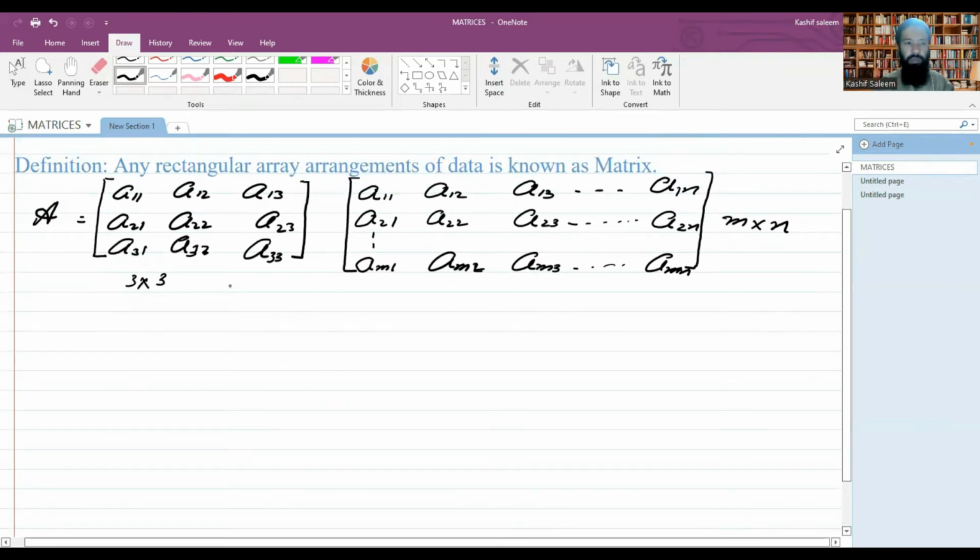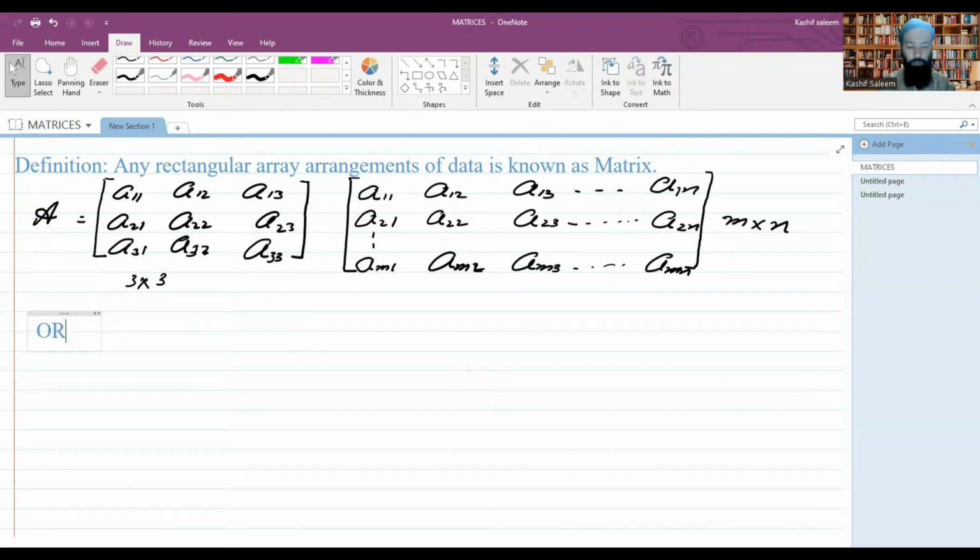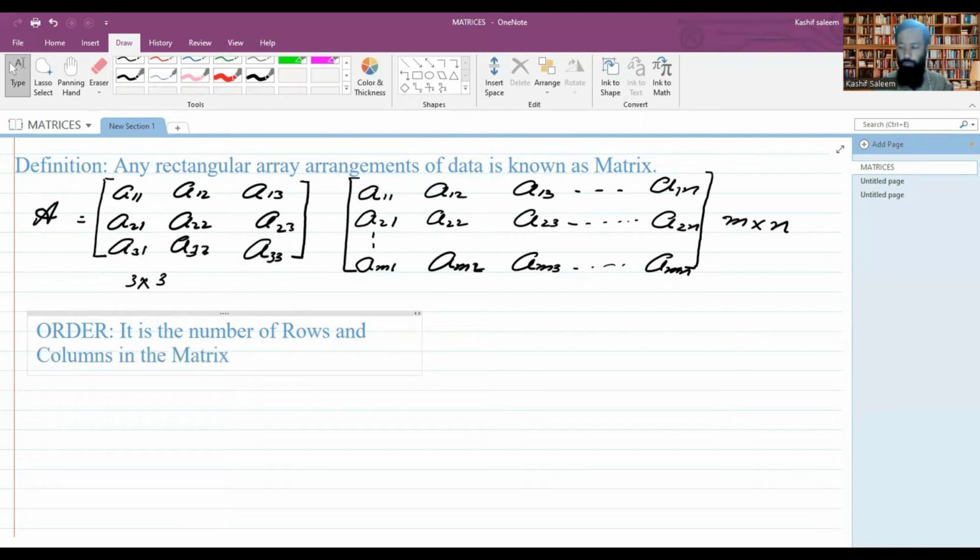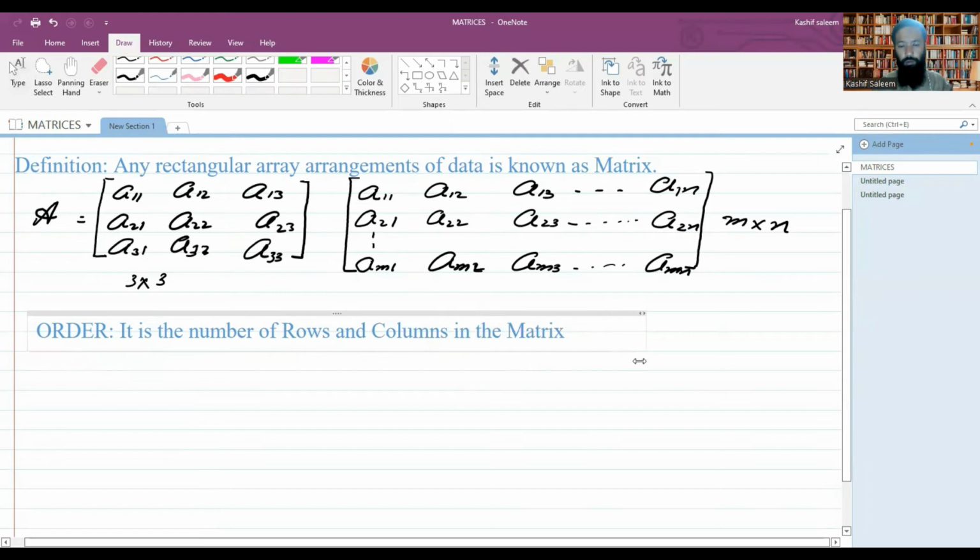Now we define order of the matrix. It is the number of rows and columns in the matrix.